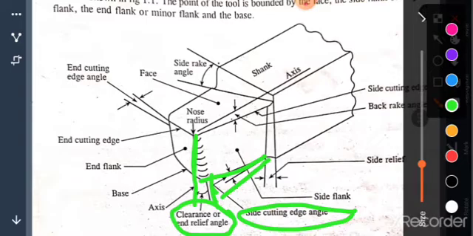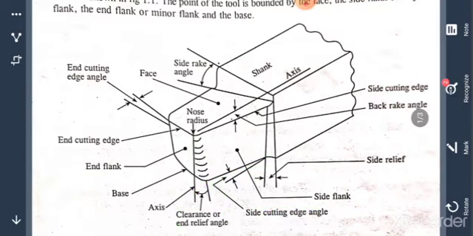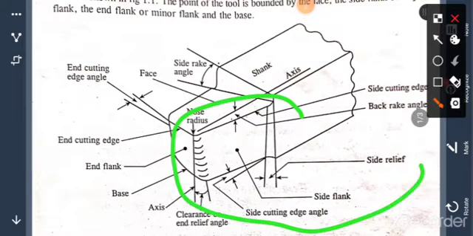And this portion is called side flank, right? One second, we'll discuss whatever parts are there here.